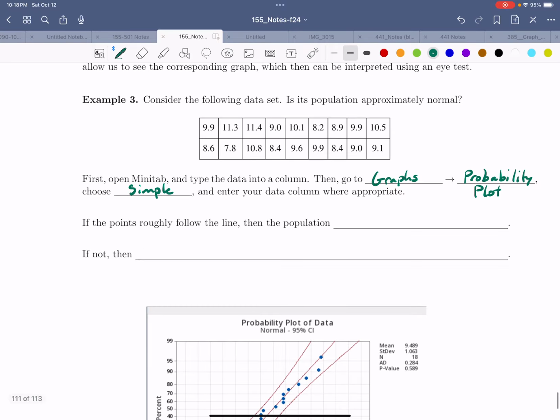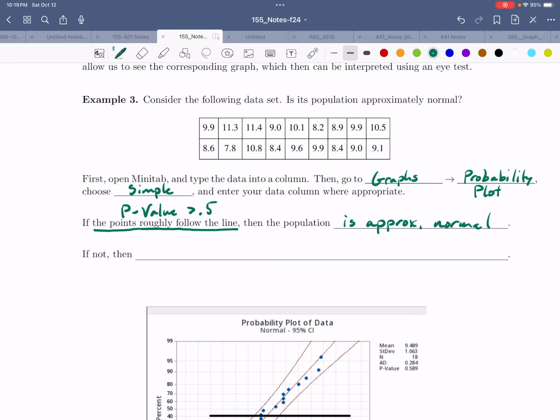If the points roughly follow the line, now this is what the book says, and this is what I've seen before, but the basic standard is, if points roughly follow the line, that means if the p-value is greater than 0.05, then the population is approximately normal.